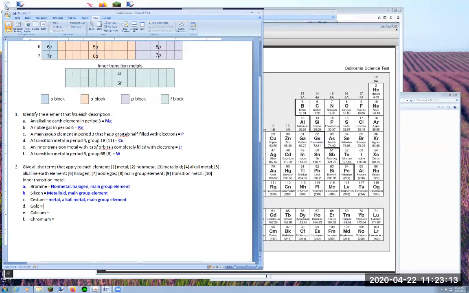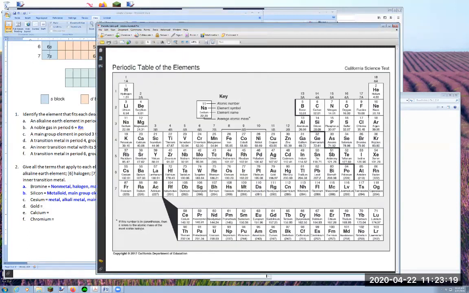Okay, gold. So gold has a symbol that is not intuitive. Doesn't have any G or O in there. So gold, atomic number 79. So is it a metal, a non-metal, or metalloid?